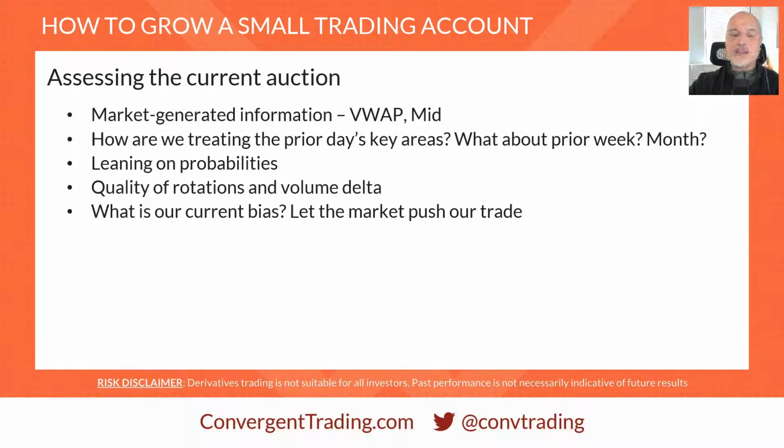So based on all this information, where we open, how we open, where we are relative to VWAP and mid, and how we're treating yesterday, are we respecting the prior day's levels? This tells us whether short time frame traders are in control versus they're ramming right through these levels like they did today, which tells us there are bigger players in control.